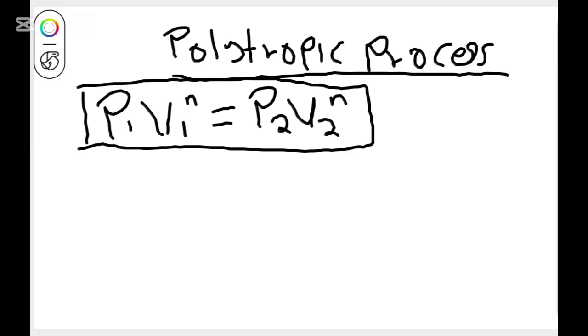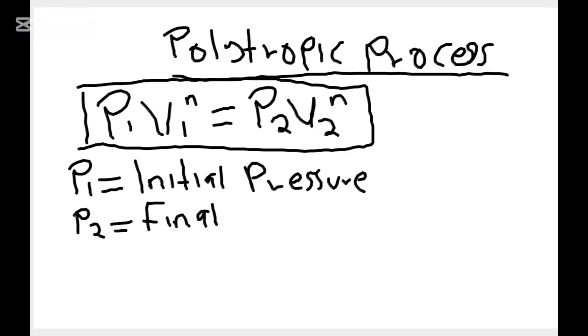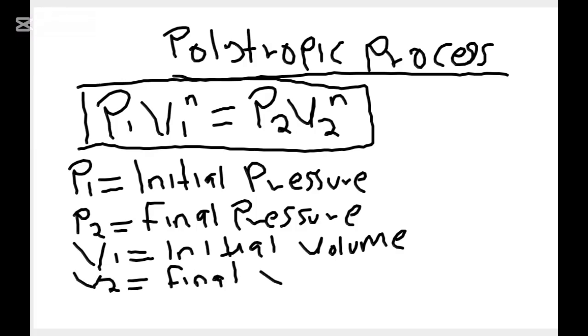At this stage, you have to know that P1 is the initial pressure, and P2 is the final pressure. And also V1 is the initial volume, and V2 is the final volume.